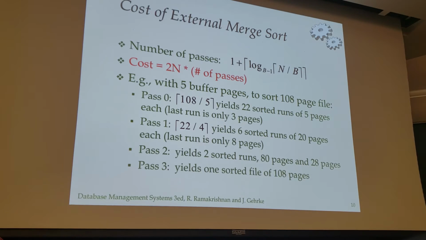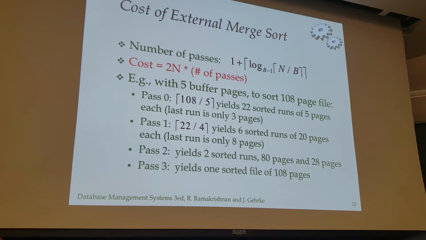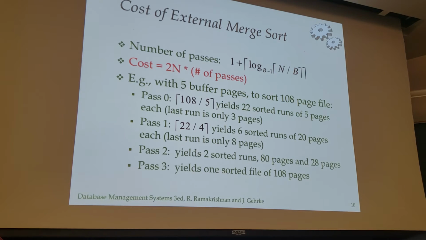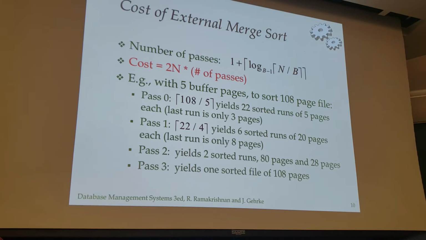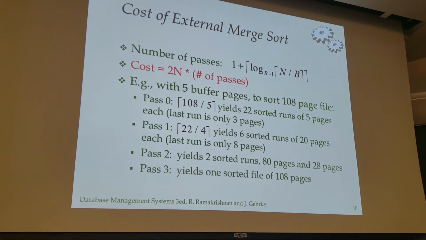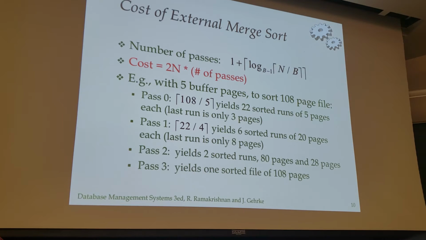We're going to take the runs. We have 6 sorted runs, and we're going to see what we can do about merging 4 of them together at a time. What's 6 divided by 4? 2 when we take the ceiling. So we'll have two sorted runs. We're going to have one run of size 80. We'll merge together 4 of the 20-page runs, and that's going to give us something that has size 80.